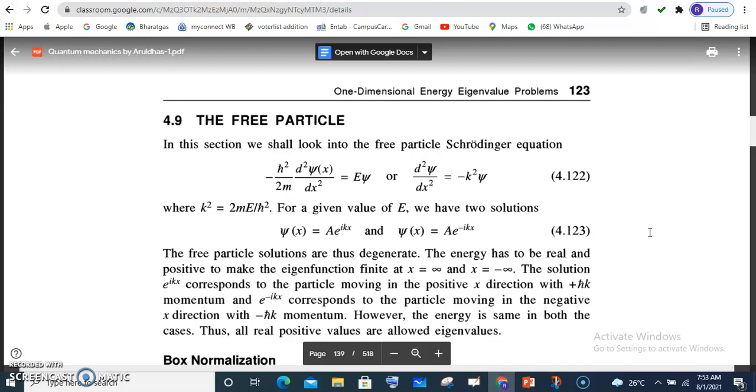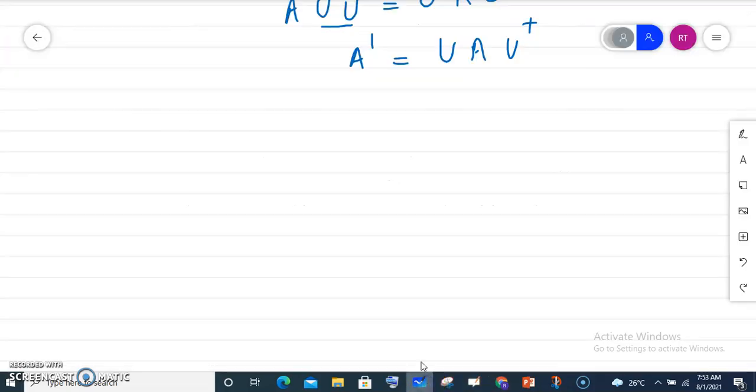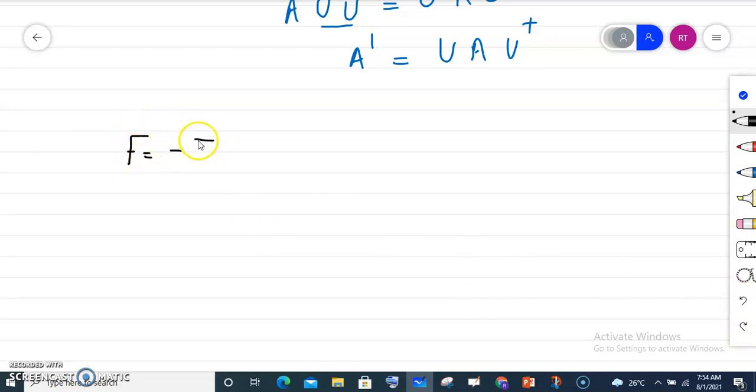What do you mean by no net force acting on it? When there is no net force, you know that force can be written as minus gradient of potential.